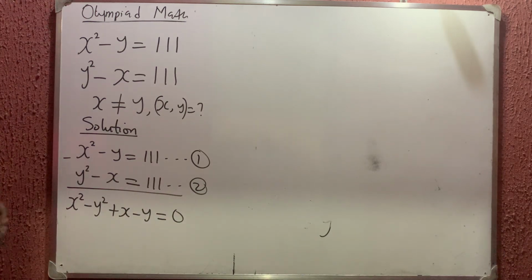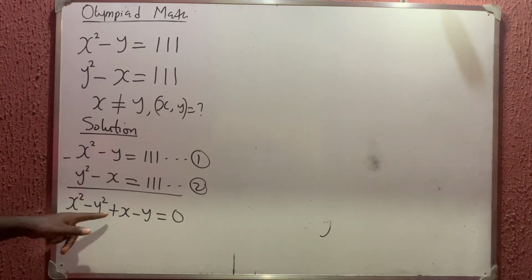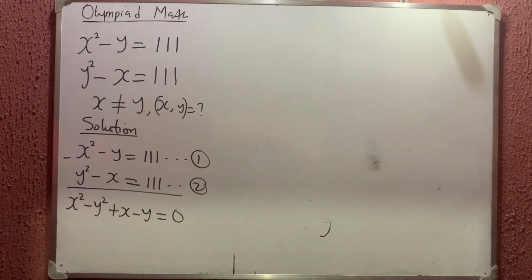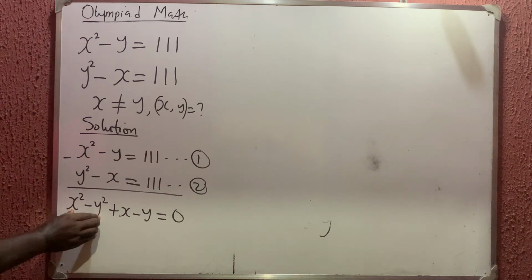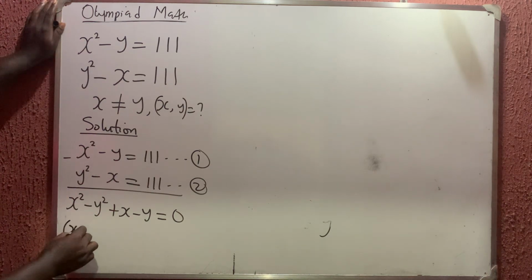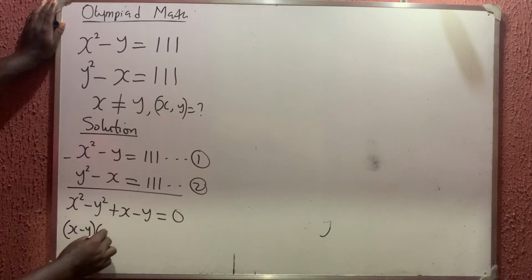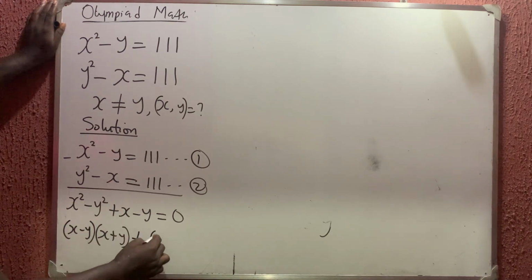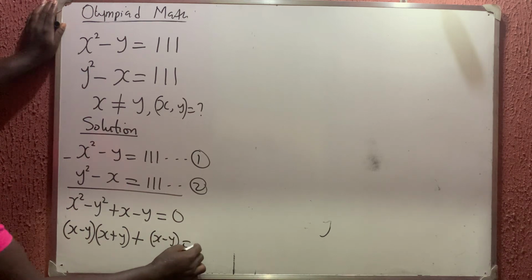Look at what I did. The minus affects only the terms below, so minus minus is plus. The minus does not affect the terms above, so I'm having minus y here, and then 0. Now, this is a difference of two squares, so it can be written as x minus y multiplied by x plus y, then plus another x minus y is equal to 0.